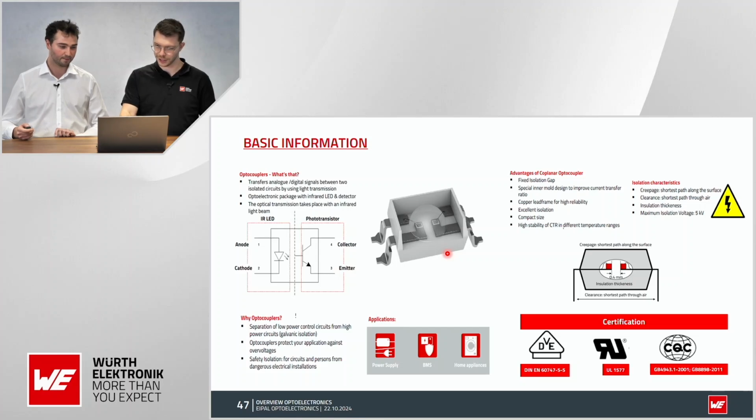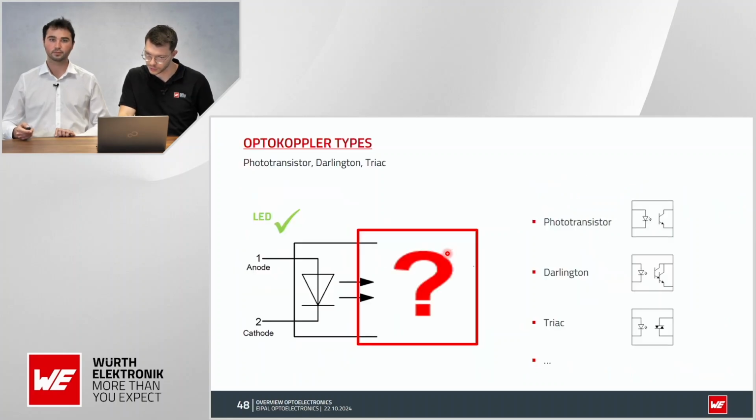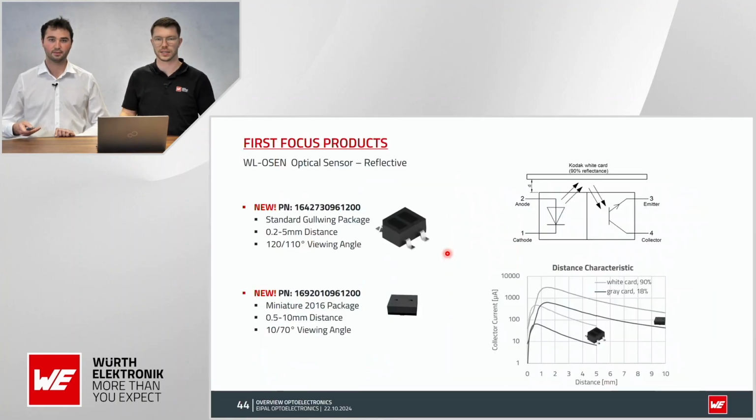So then, next question. What is the maximum distance of an object you can detect with light? Okay, so for the first products that I have here, they are just an LED and a phototransistor next to each other in the same package.